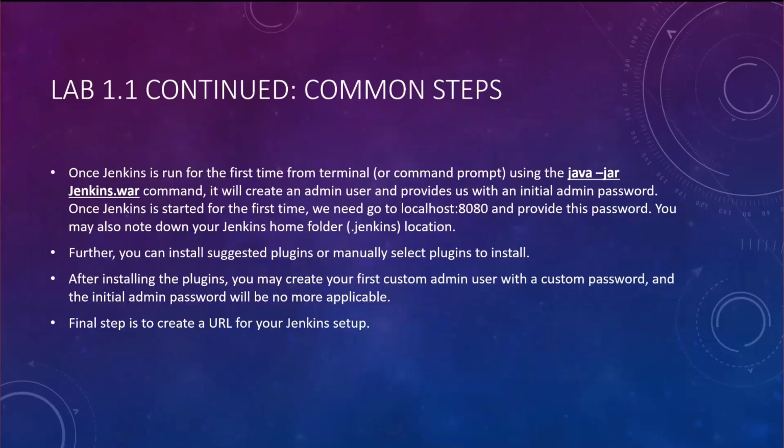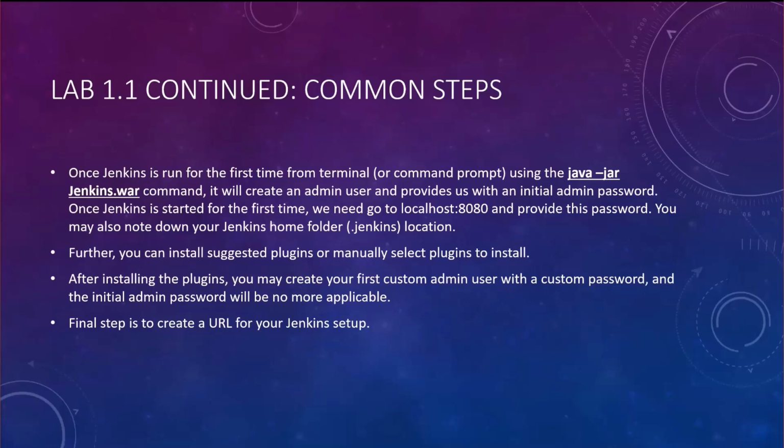Once Jenkins is run for the first time from the terminal or command prompt on Windows using the java -jar jenkins.war command, it will create an admin user and provide us with an initial admin password. Once Jenkins is started for the first time, we need to go to localhost:8080 and provide this password.